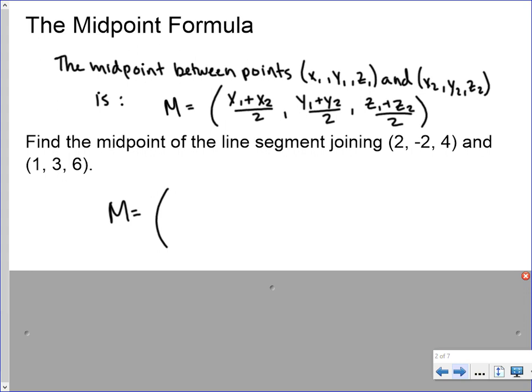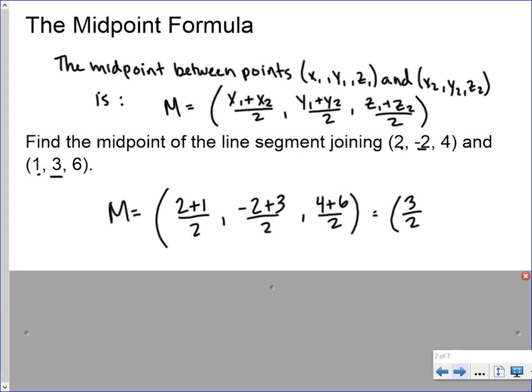I'm going to start with my x coordinates 2 and 1, and add them up, 2 plus 1 over 2, comma, and then my y coordinates, negative 2 plus 3 over 2, and finally my z's, 4 plus 6 over 2. I would like you to simplify that, and you come up with 3 halves, 1 half, and then 10 halves, which is 5. I've got a midpoint.